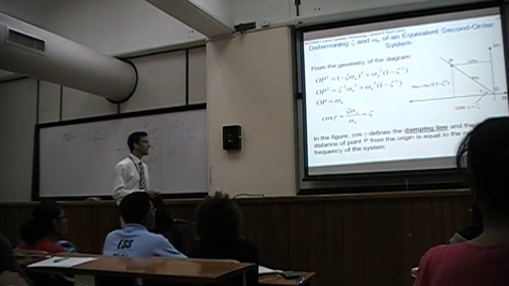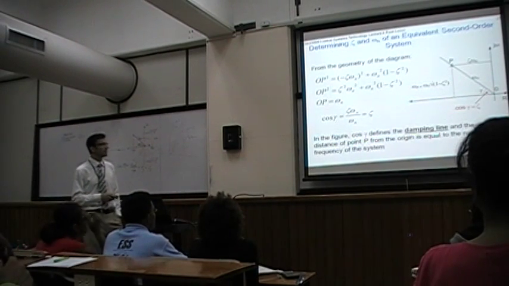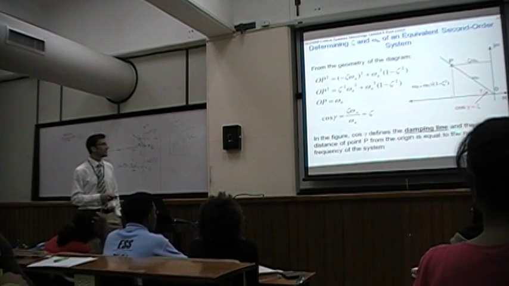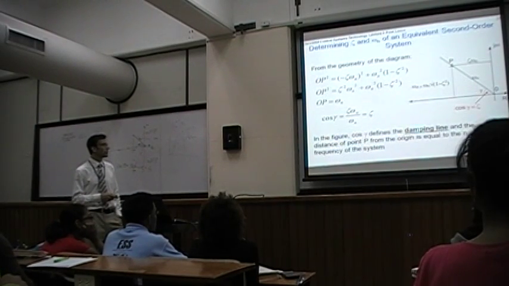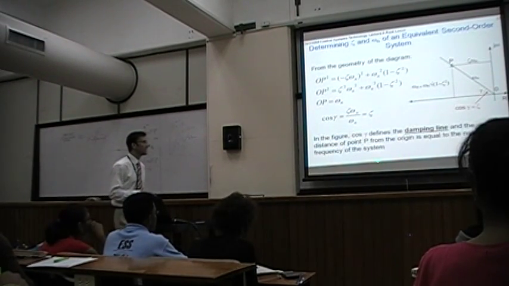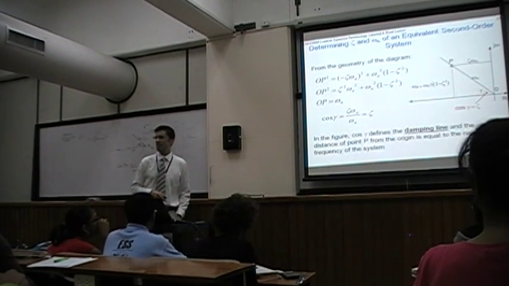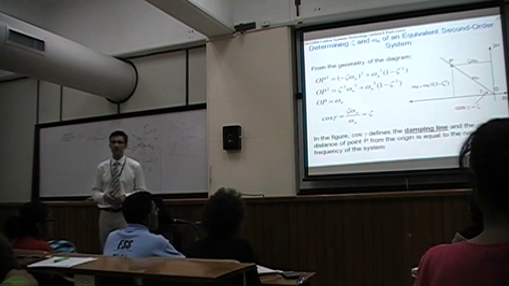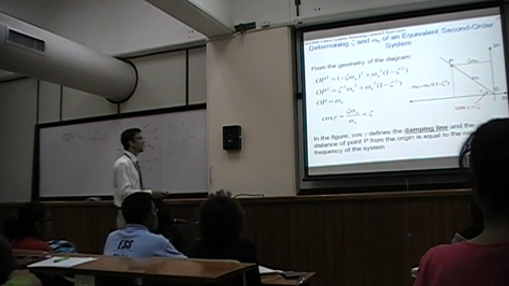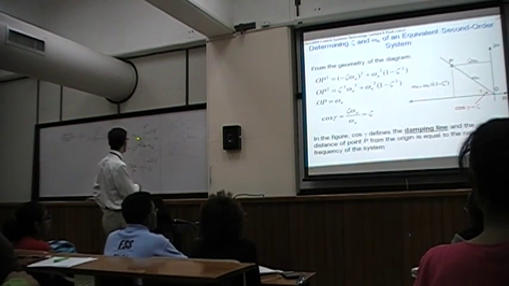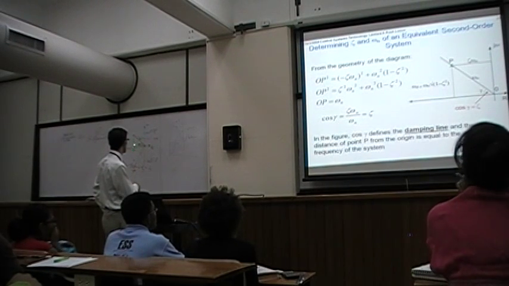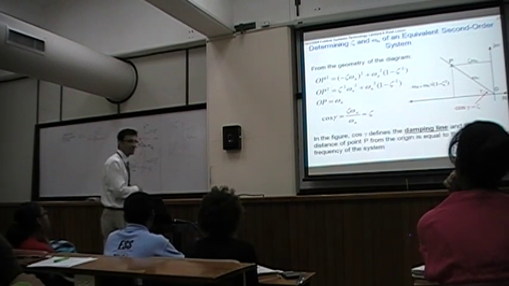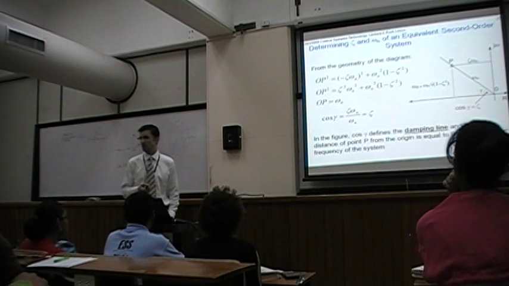So in the figure, cos of gamma defines what's called a damping line. And the distance of point P from the origin is equal to the natural frequency of the system. Remember you might have various different values of damping. As you change your value k, and you move your pole, this root R, up and down your locus, every different point on that locus is going to have a different damping ratio.